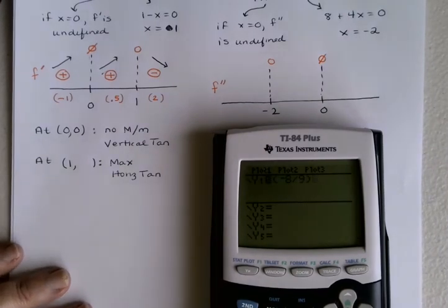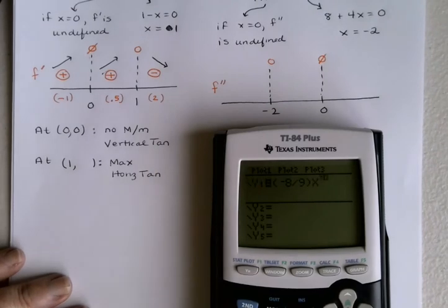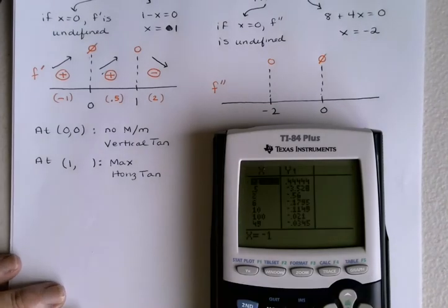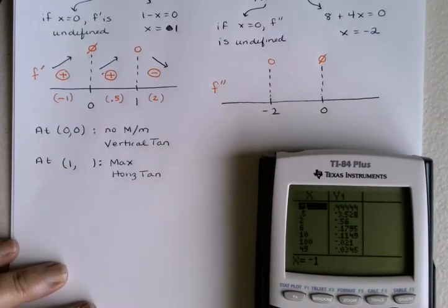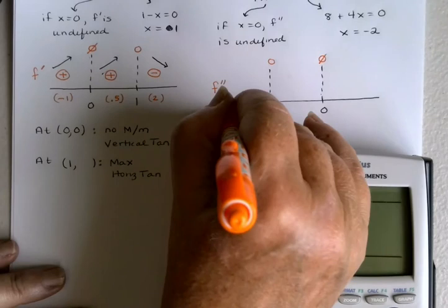Negative 8/9 x to the negative 5/3 minus 4/9 x to the negative 2/3. And we'll pick some test values. Let's see, I'm going to start with negative 3 over here.